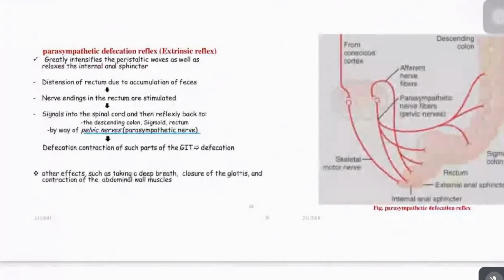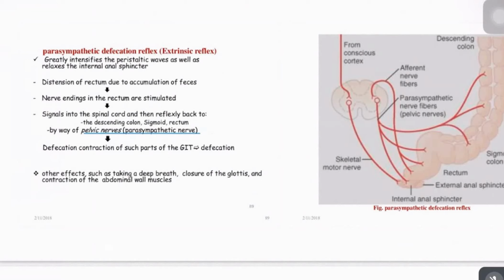The parasympathetic defecation reflex, or your extrinsic reflex, greatly intensifies the peristaltic waves as well as relaxes the internal anal sphincter. Distension of your rectum due to accumulation of feces stimulates nerve endings in your rectum, and the signal goes into your spinal cord, then reflexly back to the descending colon, sigmoid, and rectum by way of your pelvic nerves, parasympathetic nerves, causing defecation contractions.